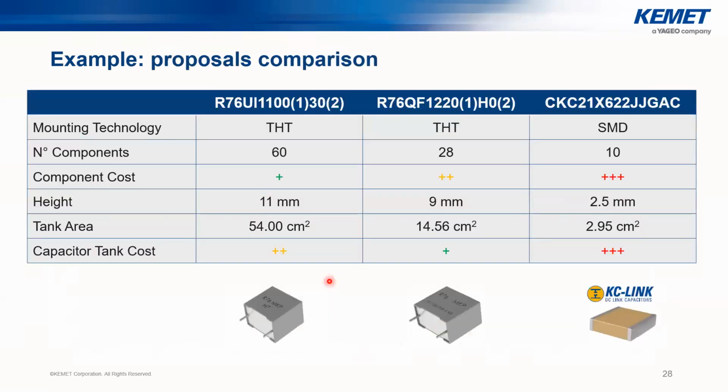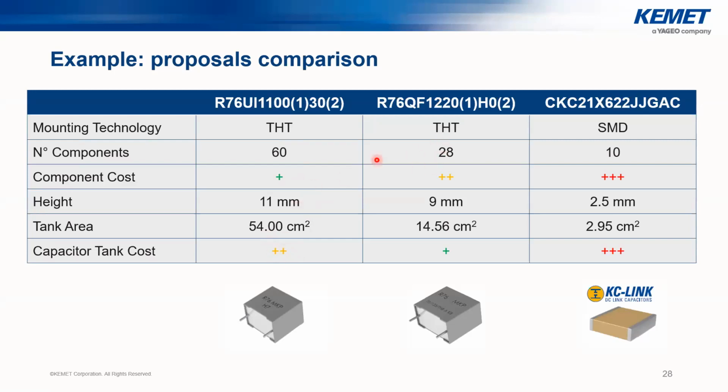If we compare the different solutions that we can propose for the resonant type capacitors, of course the R76 has the highest component number, but it is the cheapest solution. However, since we have a lot of components to put in parallel, we will end up with a high-cost capacitor tank solution.